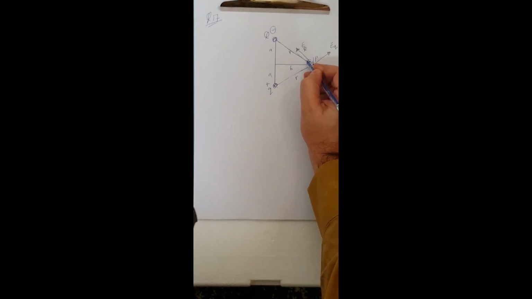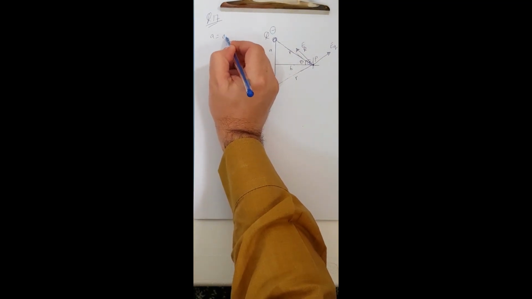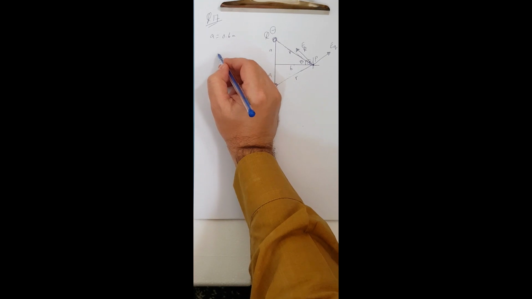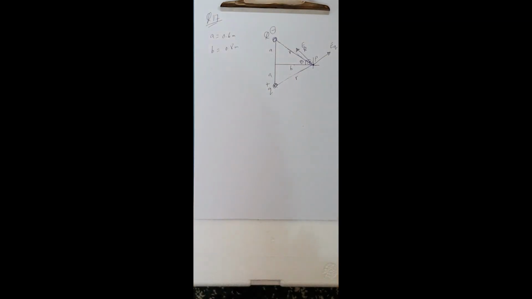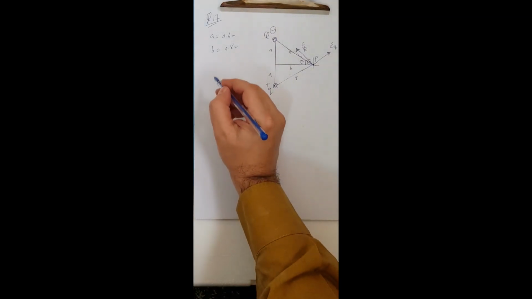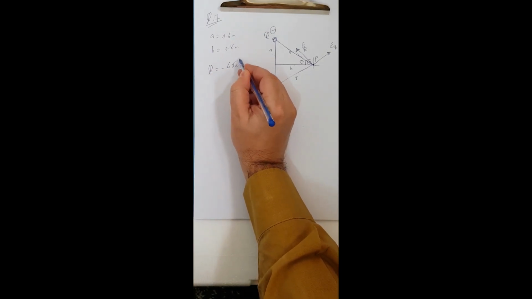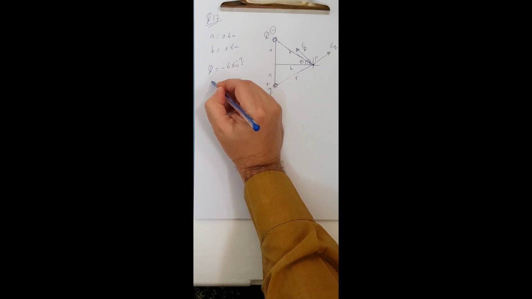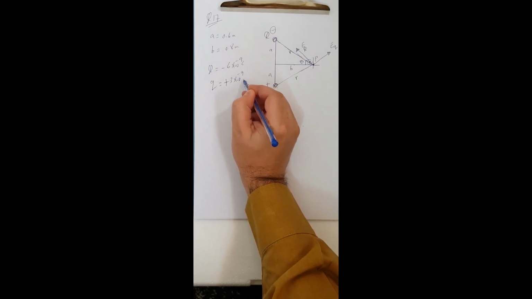Remember, A is 0.6 meters, so 60 centimeters. B is 0.8 meters. And the charges are Q capital, -6 nanocoulomb, so times 10 to the power -9 coulomb, and q small is positive, 3 times 10 to the -9 coulomb.